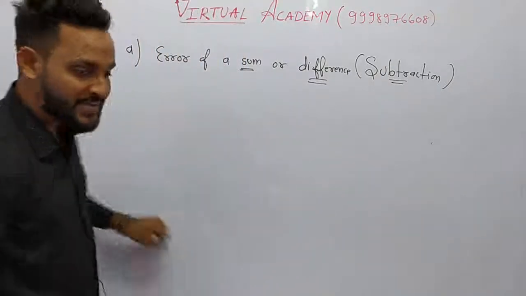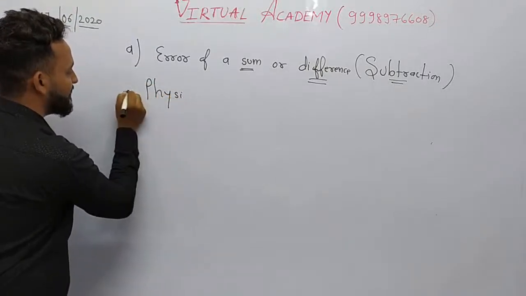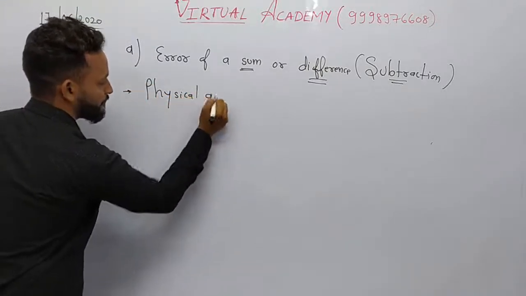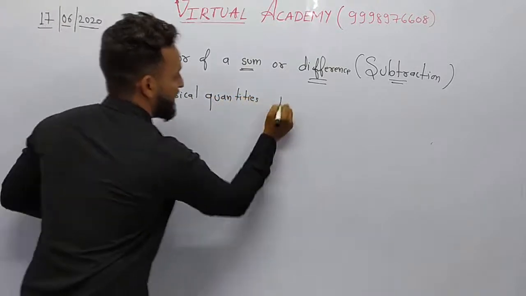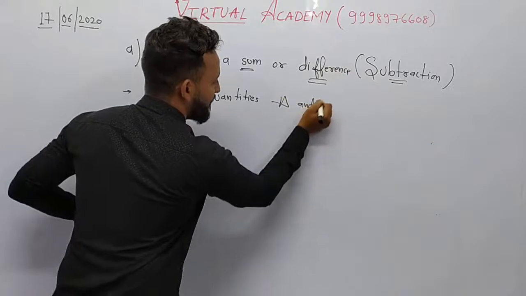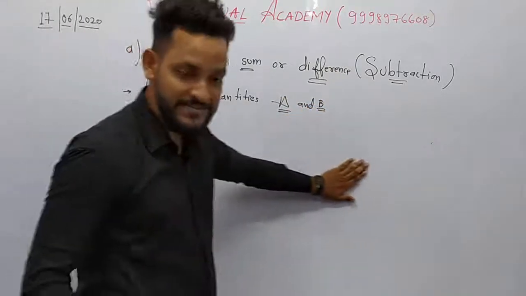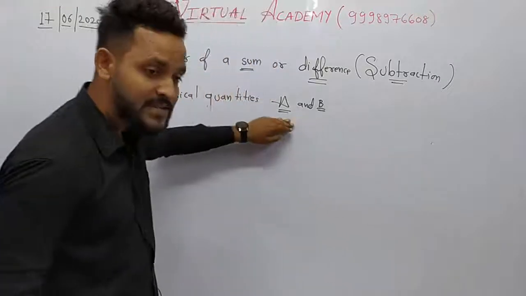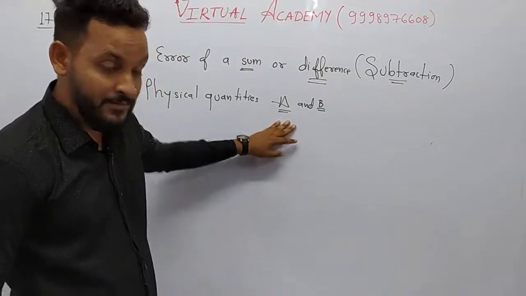We have two physical quantities, A and B. Clear? Now during the measurement of these physical quantities, error arises.